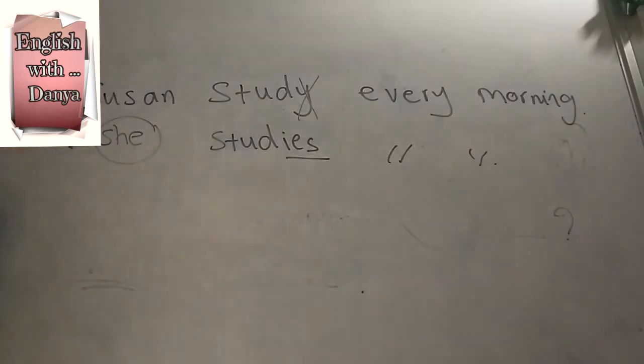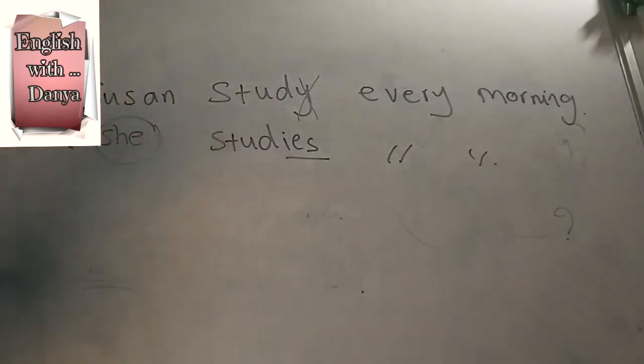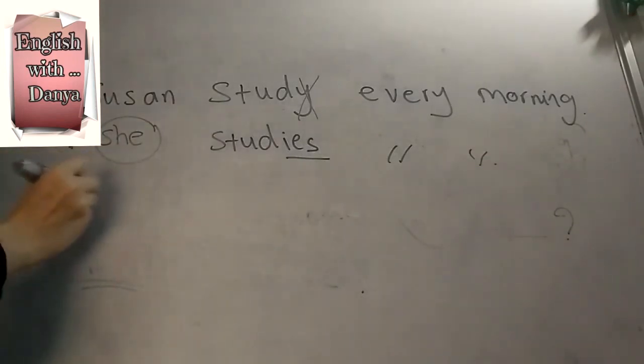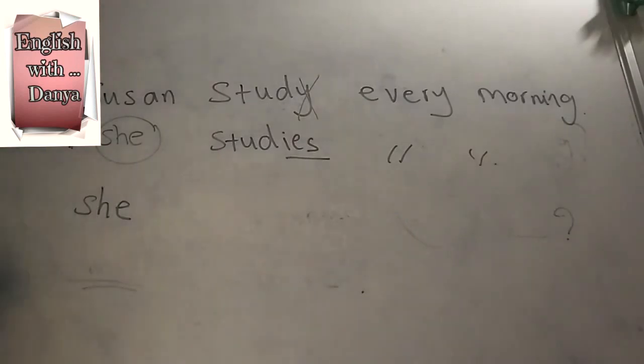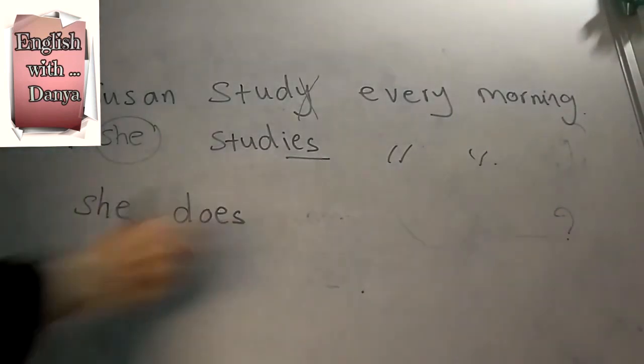Now let's say, for example, you want to change the sentence into a negative. So what will happen? We have the same, she. Because she is singular, we need to use does not.